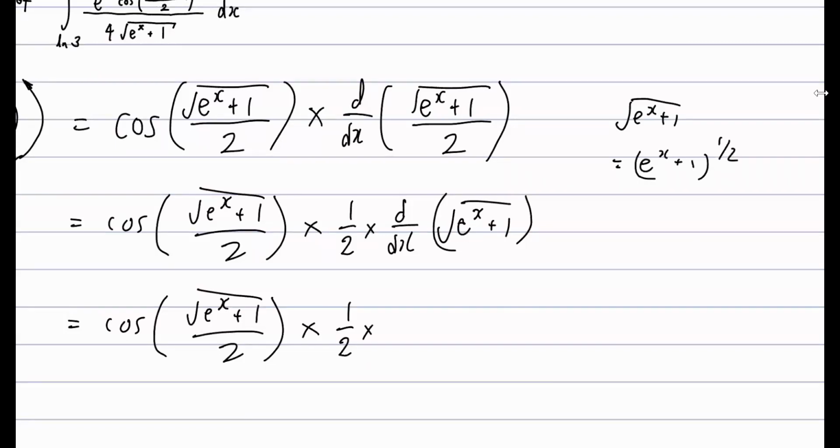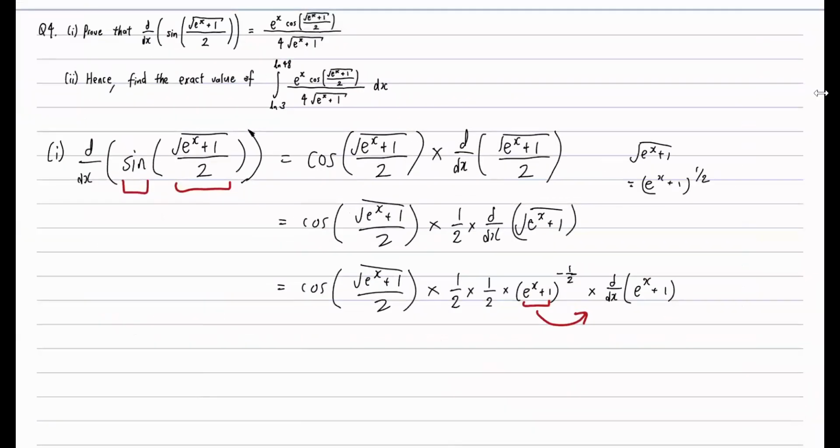Bring down the power of half, multiply the base, then minus 1 to get a power of negative half. Anything else? Yes, chain rule again, so times the derivative of e power x plus 1, which is just e power x.